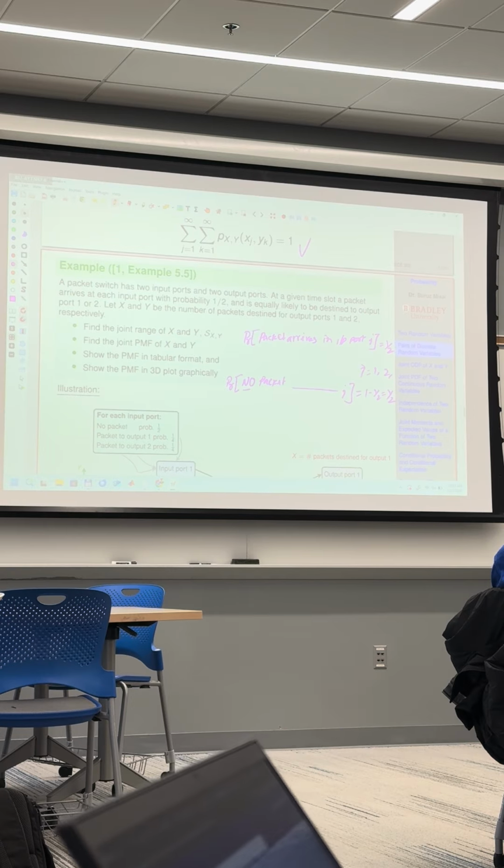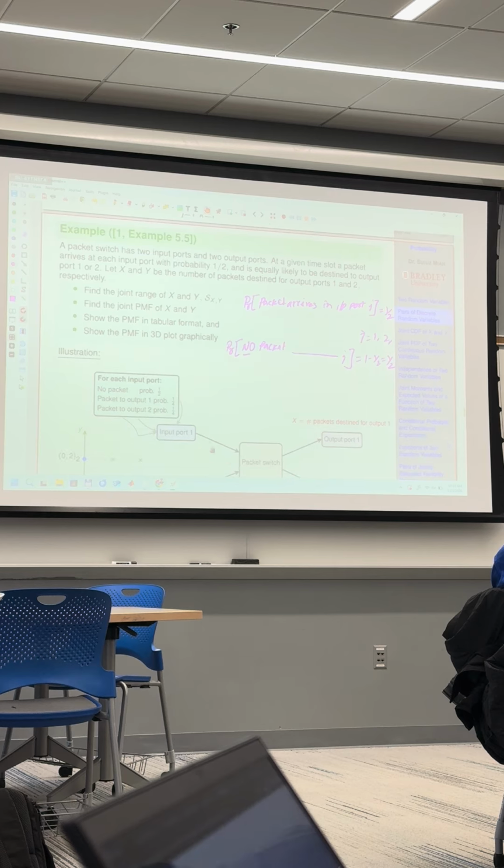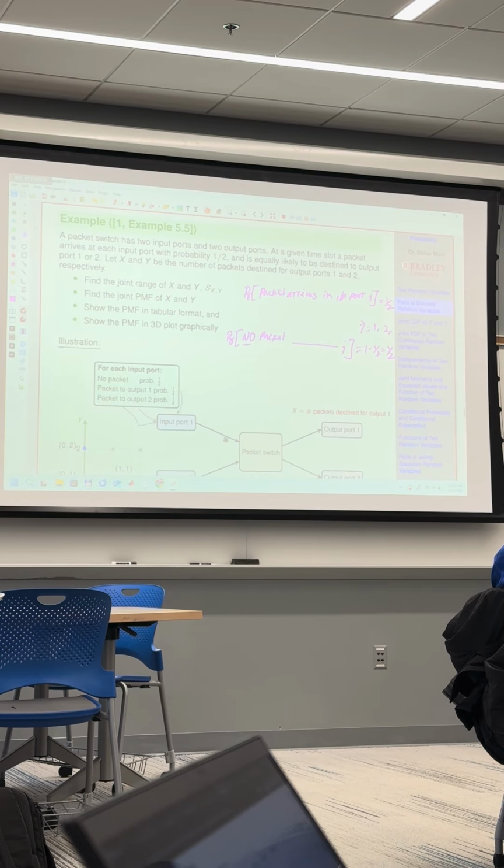Now, once a packet arrives in input port 1 or input port 2 with probability 1/2, that packet has an equal probability to reach output port 1 or output port 2.